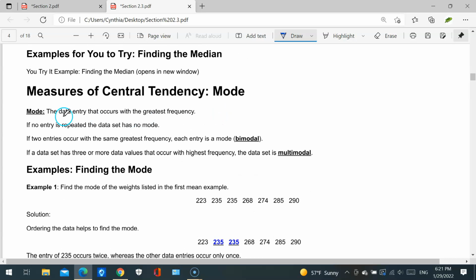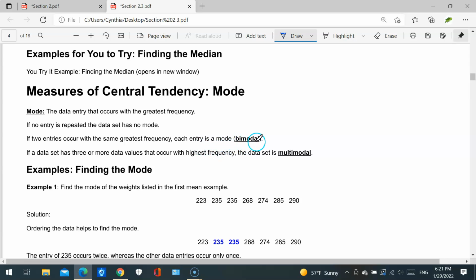Mode. Mode means the data entry that occurs with the greatest frequency, which is the most frequent. If no entry is repeated, then the data has no mode. If two entries occur with the same greatest frequency, each entry is a mode.